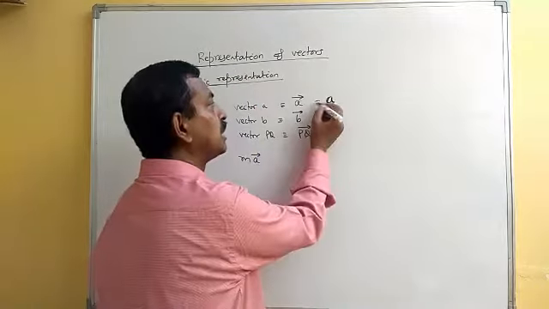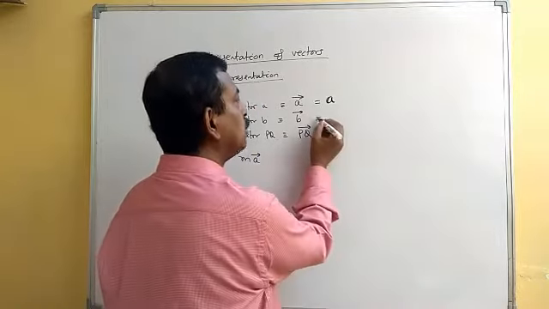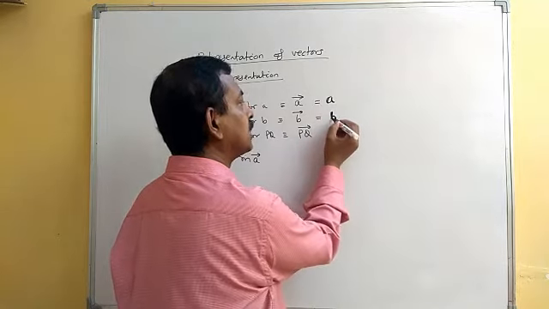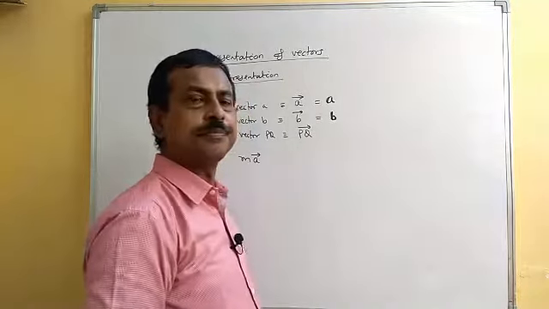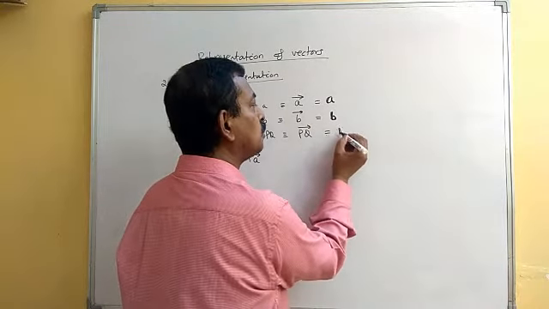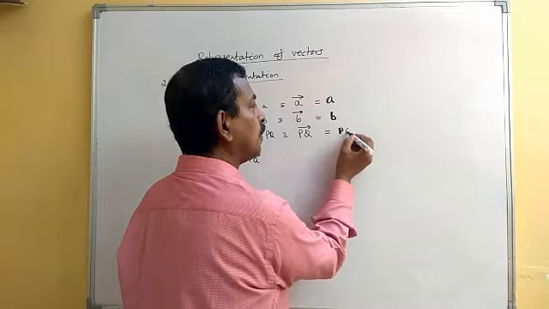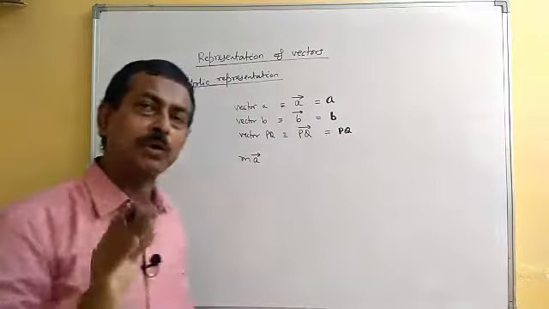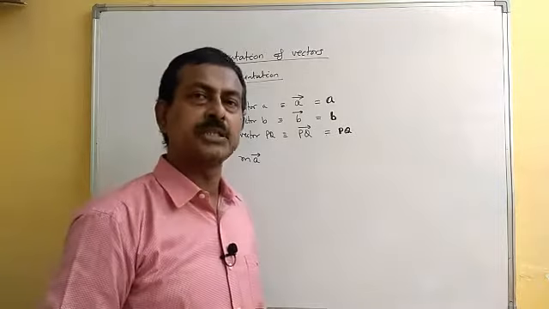Similarly, vector B will be written as a dark faced letter like this. If it is the PQ vector, it will be written as a dark faced P and Q. No arrow, just dark faced letters.